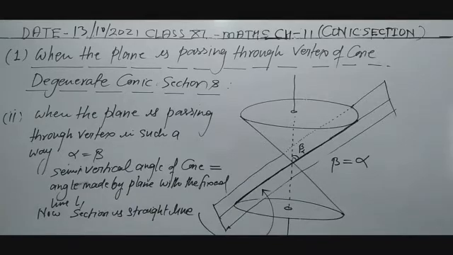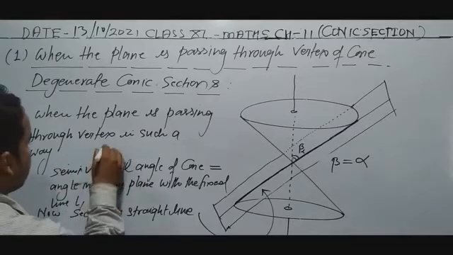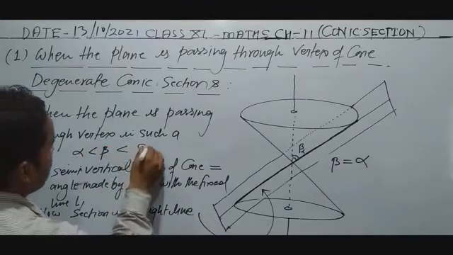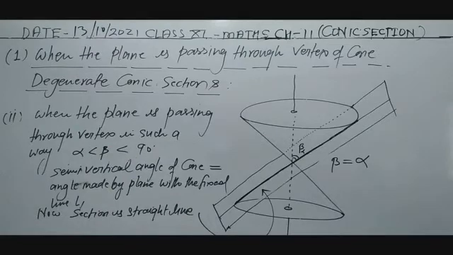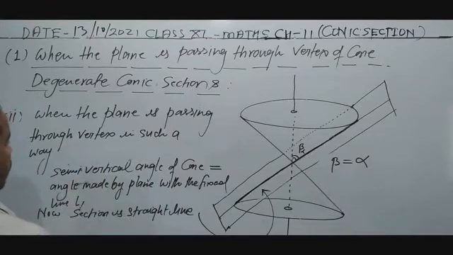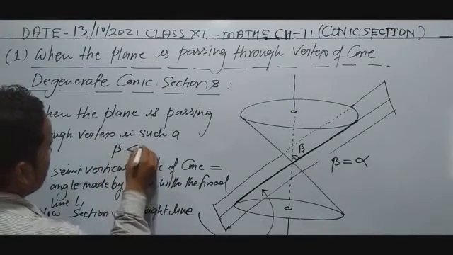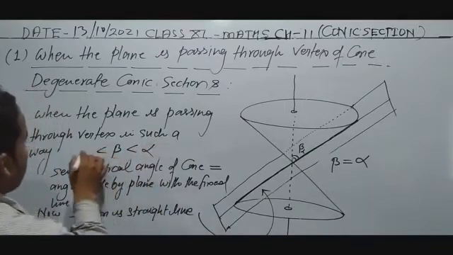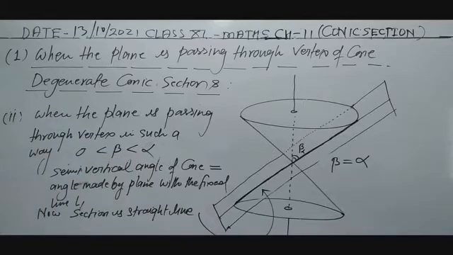Now I will come to the third case. The third case is when the plane is passing through the vertex in such a way that beta is less than alpha and greater than 0 degrees, or that can be equal to 0 also.